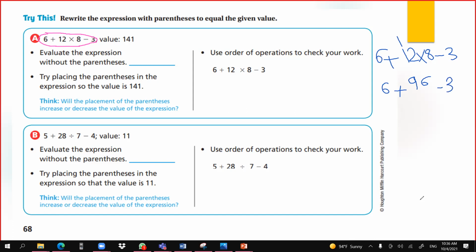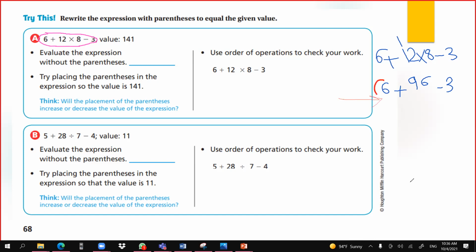Now what do we have? We have addition and subtraction. They have the same priority. So from where should we start? If they have the same priority, we move from left to right.